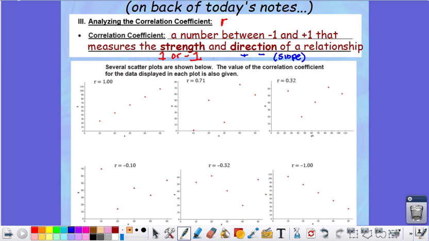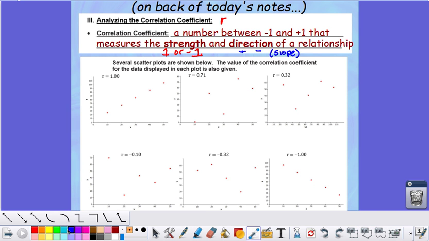So let's take a look at some of these examples. This first example, if a line is drawn to connect through the middle of this dot plot, or scatter plot rather, it actually will pass through exactly every single point.